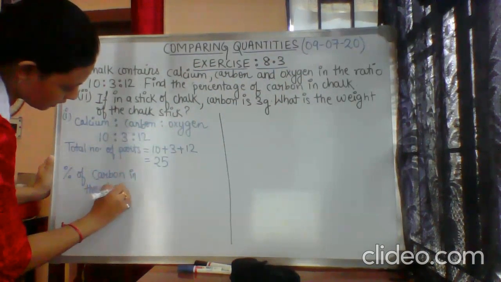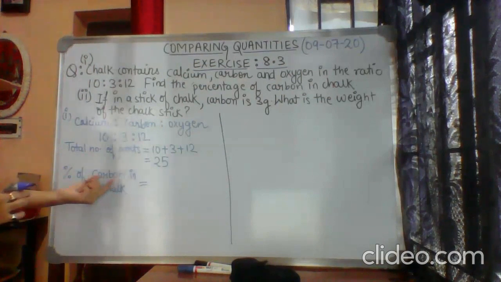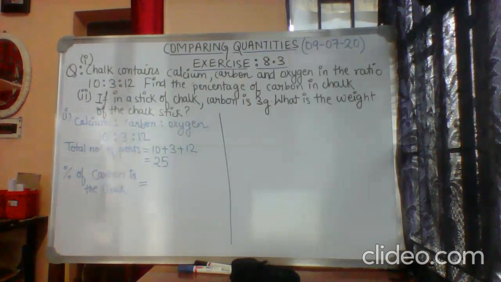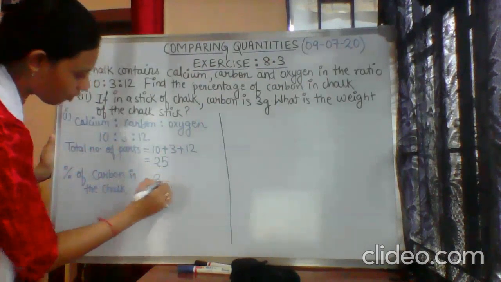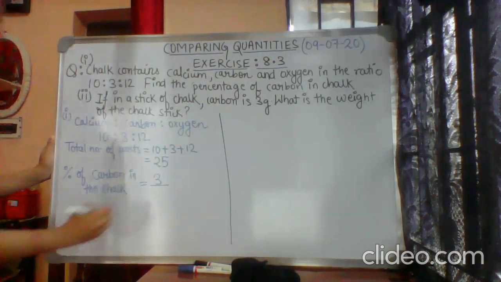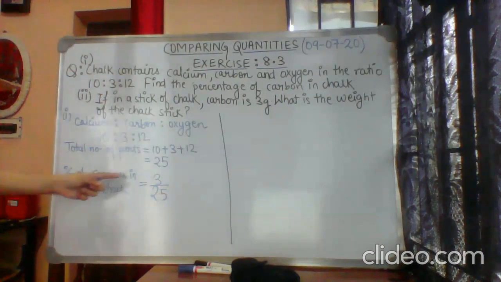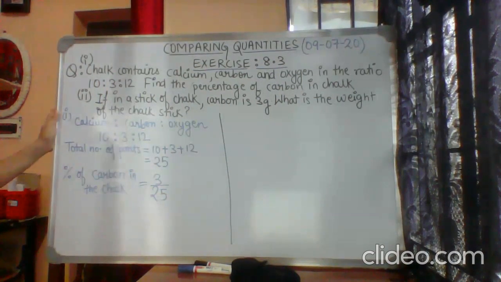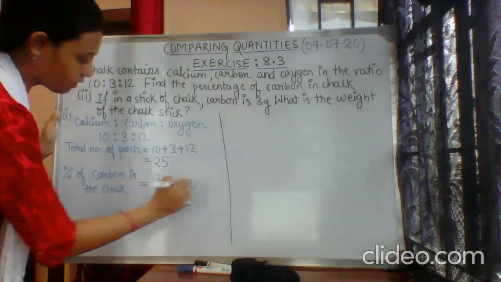How many parts of carbon are there? 3 parts. Out of the total, how much? 25 parts. So carbon has 3 parts out of 25 parts, and as we have to convert into percentage, we have to multiply by 100.